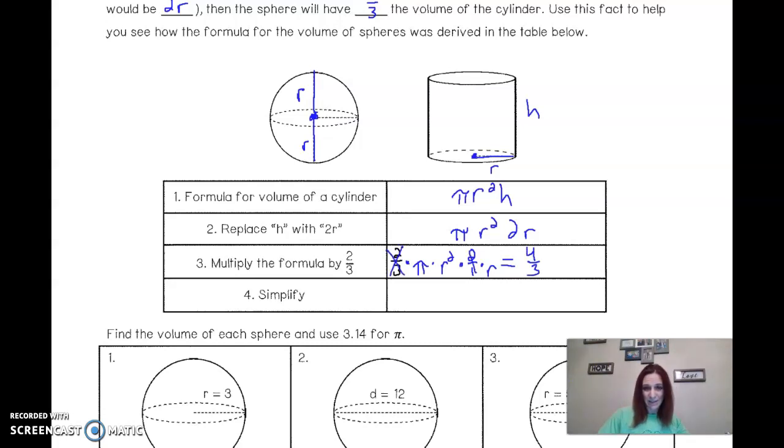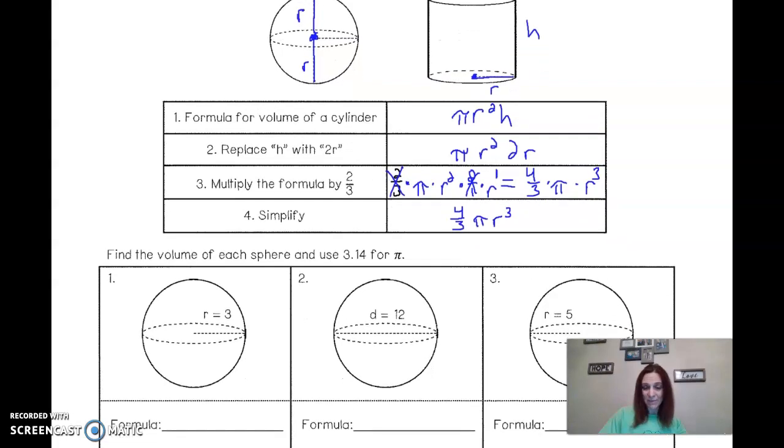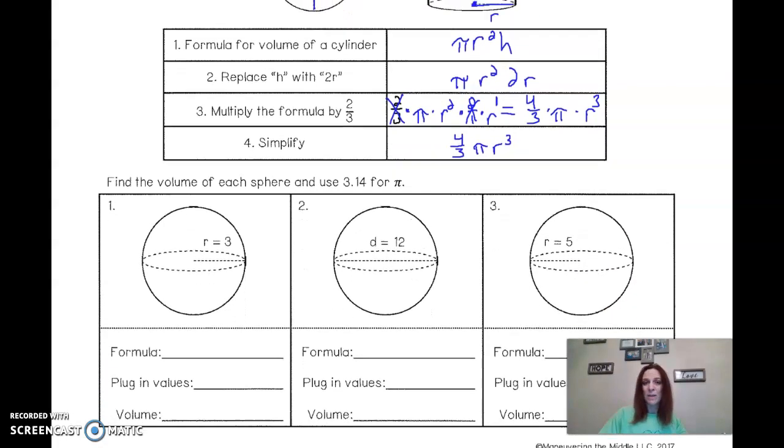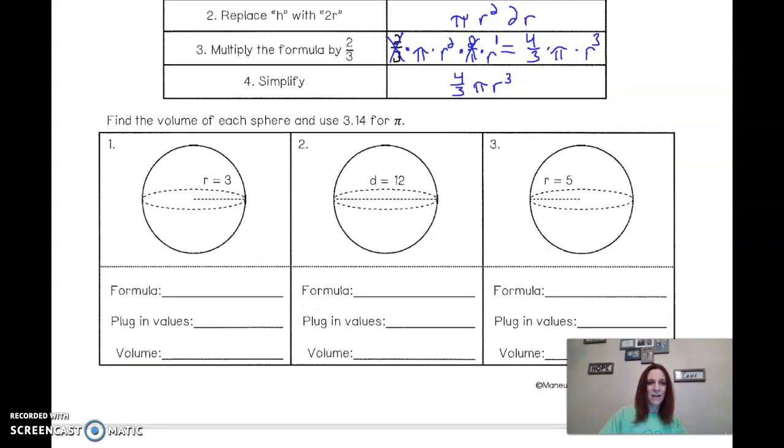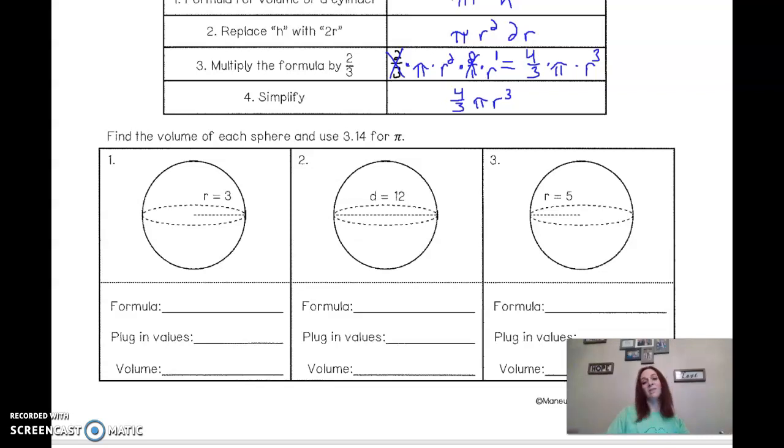That took care of this and this. We're left with pi. And then notice we have r to the second, r to the first. Same base multiplying, we add the exponents. 2 plus 1 is 3. So that all gives us 4/3 pi r cubed. So it really is 2/3 of this, but when you simplify it, you get 4/3 pi r cubed. So now let's use that formula to find the volume of each of these spheres.